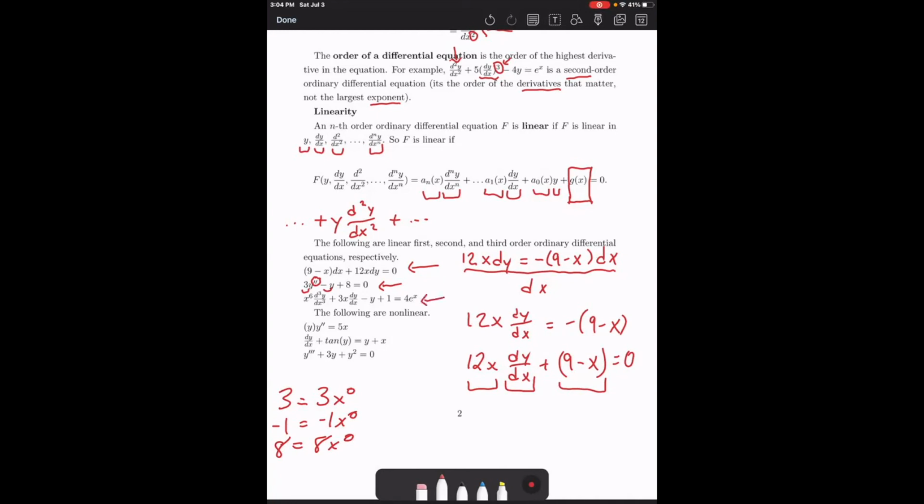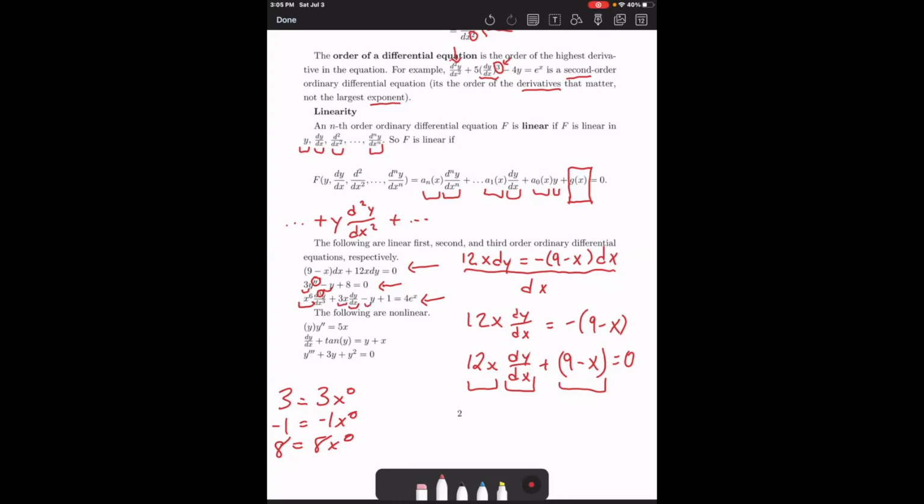Finally, our third one here, well, we're seeing that it's third order because we see we're taking a third derivative using our Leibniz notation. But now we need to figure out if it's linear. Well, the third derivative of y with respect to x is being multiplied by x to the 6, which is clearly a function of x. dy dx, the first derivative, is multiplied by 3x, again, clearly a function of x.